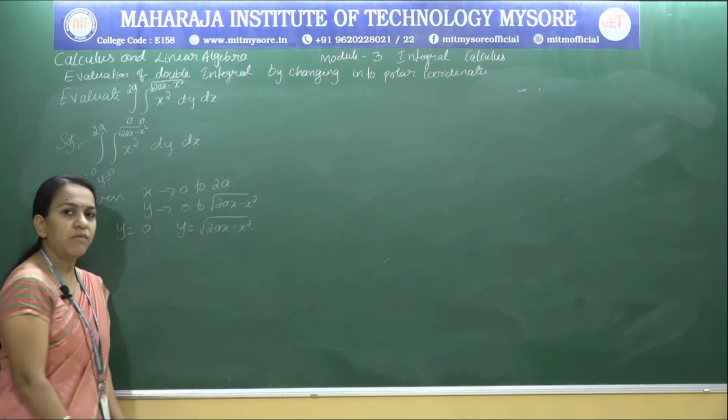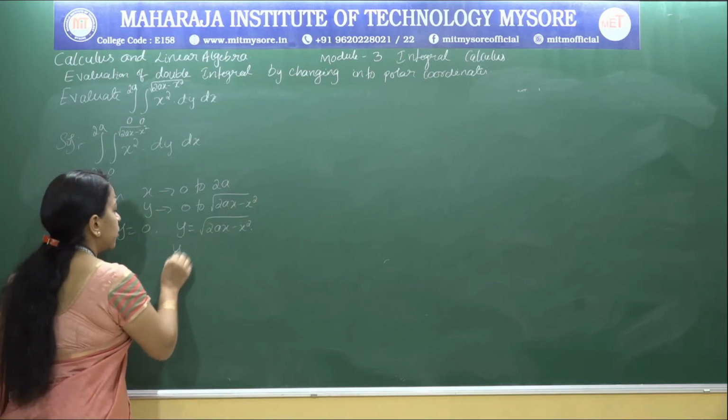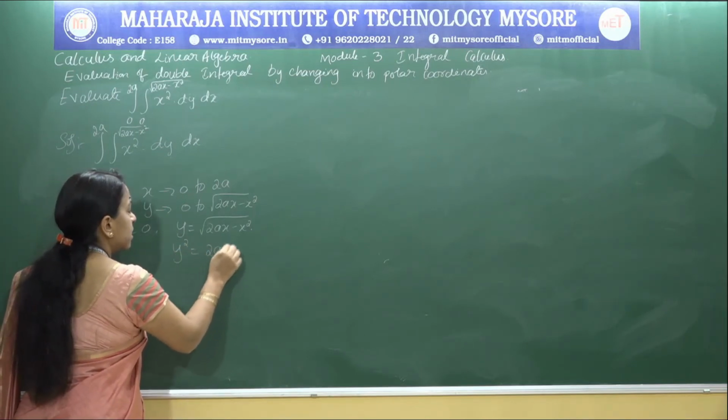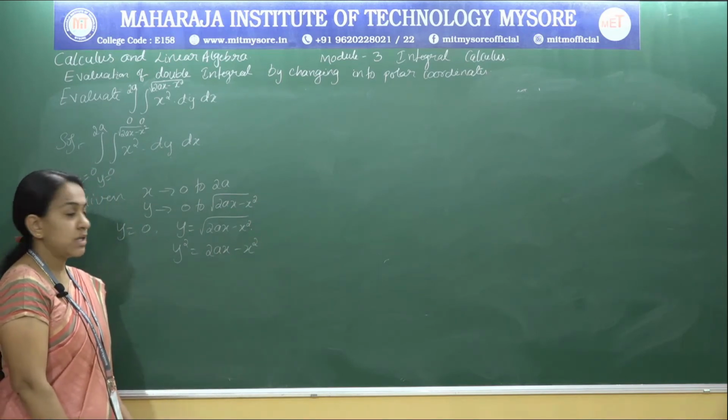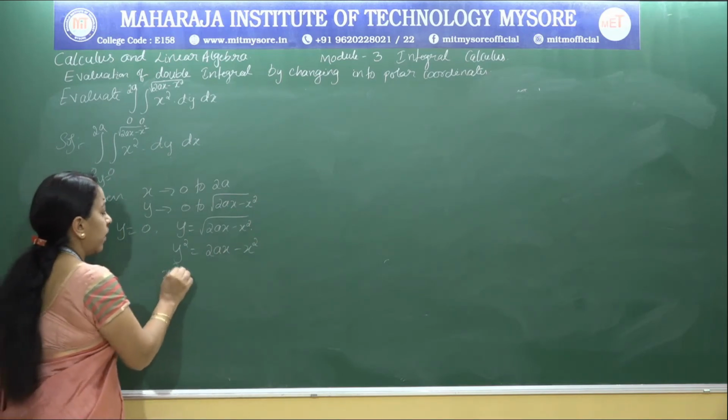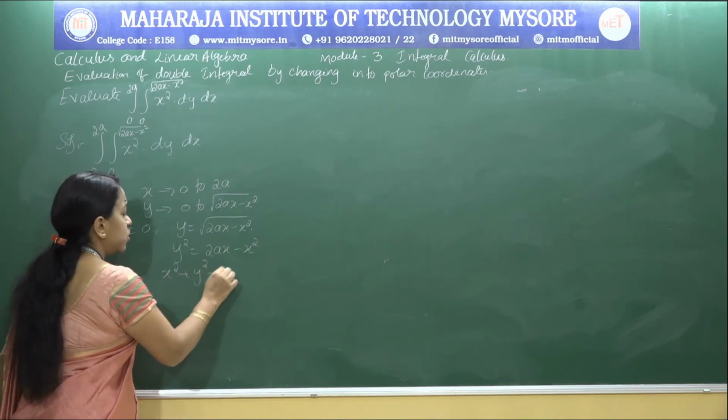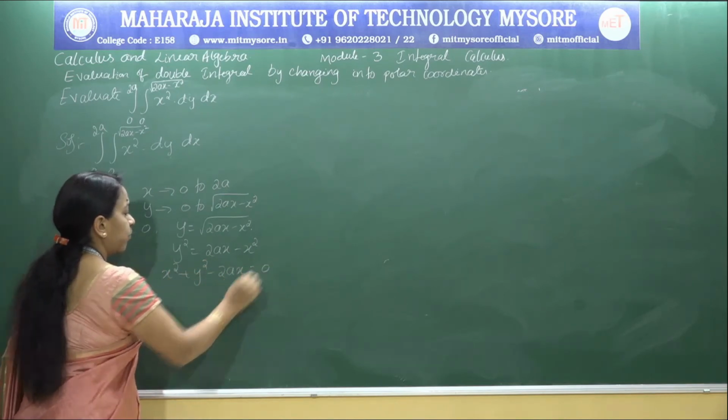Whenever we have a variable limit, we should simplify that, right? So y square equals 2ax minus x square, so that we can know what the given curve is, or x square plus y square minus 2ax is 0.